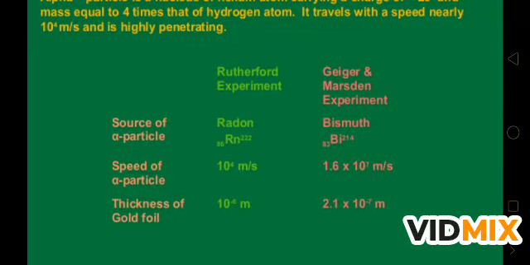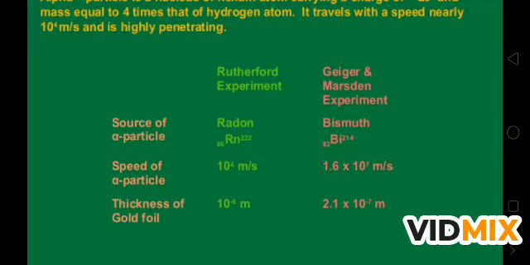The source of alpha particle chosen by Rutherford is radon, and by Geiger is bismuth. The speed of alpha particle in Rutherford's experiment was 10 to the power 7 meter per second, and in the Geiger and Marsden experiment it was 1.6 times 10 to the power 7 meter per second. The thickness of the gold foil Rutherford took was 10 to the power minus 6 meter, and Geiger and Marsden in their experiment used 2.1 times 10 to the power minus 7 meter.